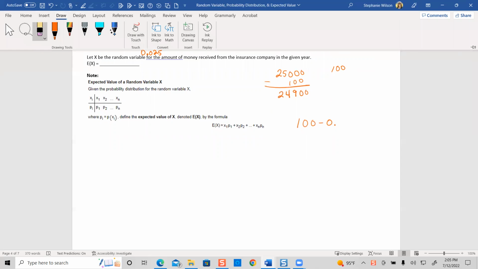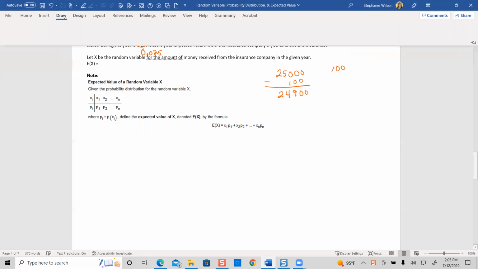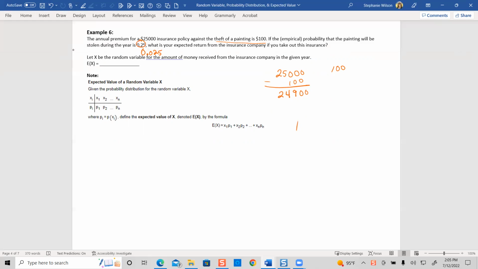It's 1 minus 0.025, and it leaves me with 0.975. That is the chance it is not going to be stolen.